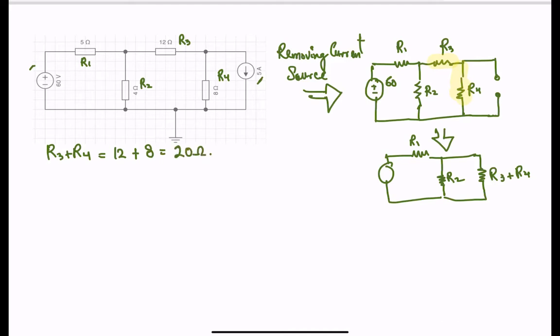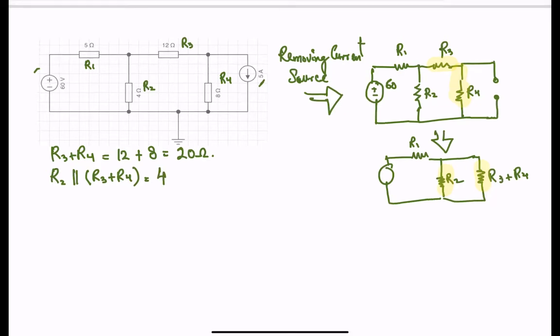Now notice here, R2 is in parallel with this resistor over here. I'm trying to do it step by step so you can follow along. The next step is that R2 is parallel to R3 plus R4, correct? R2 is 4 ohms, and R3 plus R4 is 20.